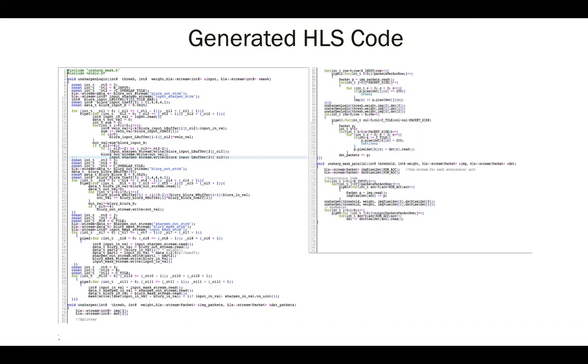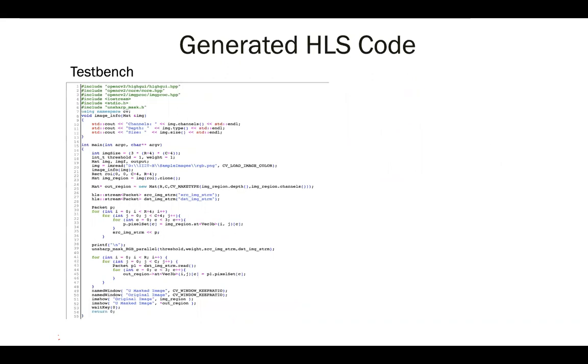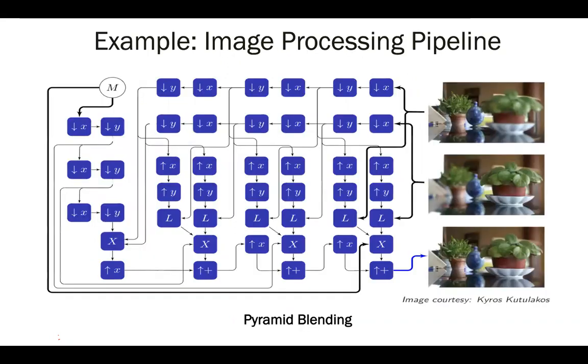For example, if you look at pyramid blending, you can see the number of stages that are there. If you end up writing code for all these things, even if you write structured code, it is going to be pretty complex and hard to understand.